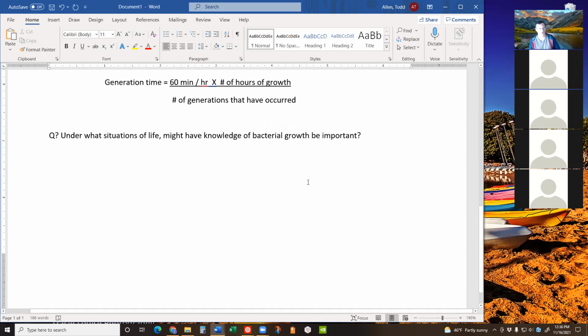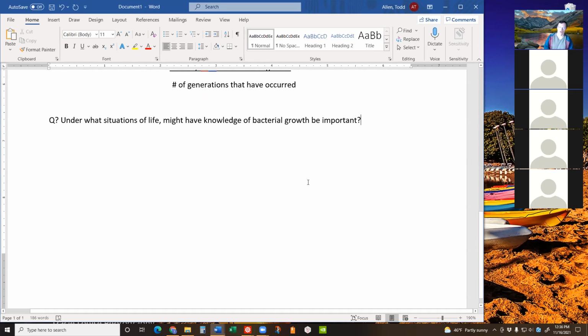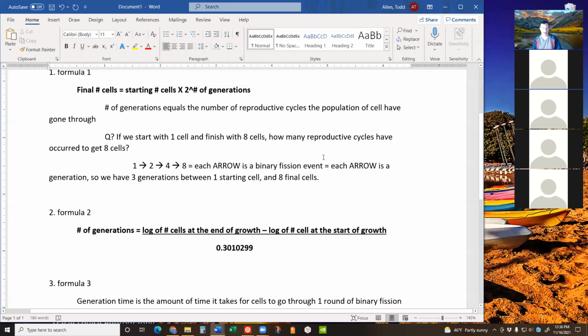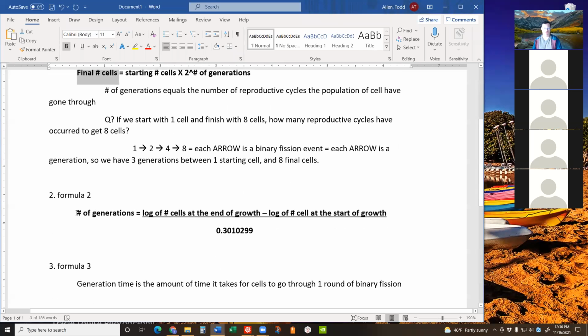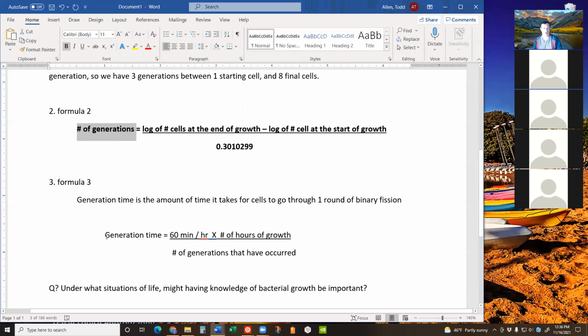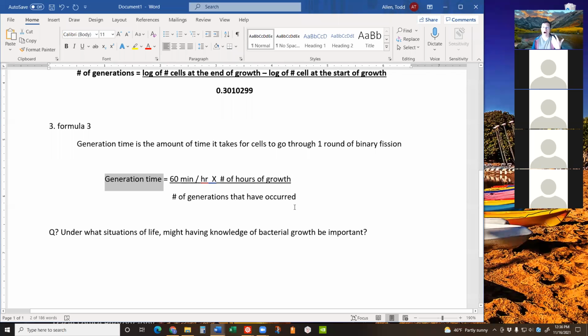Under what situations of life, under what scenarios, under what circumstances that we encounter might having knowledge of bacterial growth, or really any microorganism, be important? So why is it that these formulas, which I'm going to ask you to apply your mathematics skills to very soon, why is it important that we might want to know the final number of cells? Why is it important about the number of generations? What is important about the generation time? What aspects of our lives could knowing information about the growth characteristics of a microbe be important?